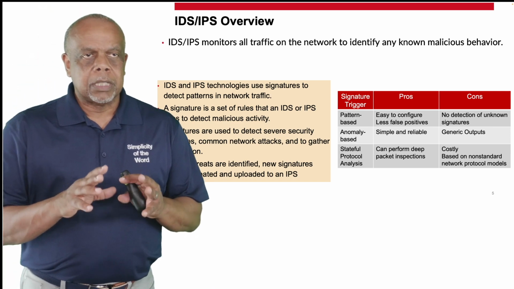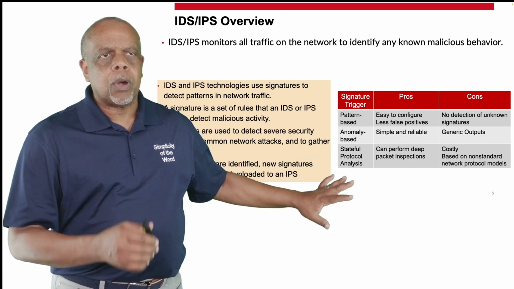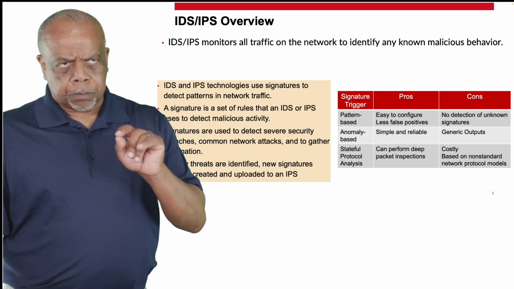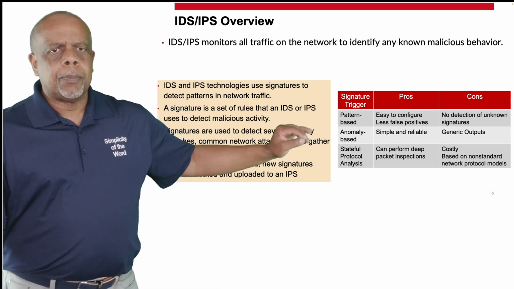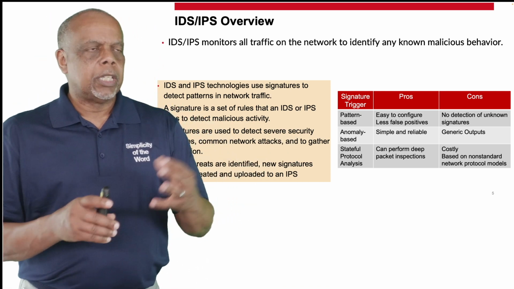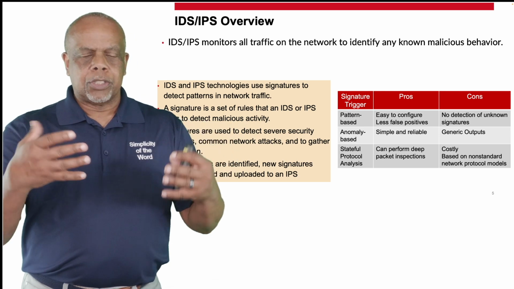Now, when we think about the types of signatures, there are 3 basic types. Like I said, there are more, but these are the 3 basic types of signatures that will trigger. It could be pattern-based, which is matching patterns. Basically, you've got a predefined set of rules, and this is taking each packet.